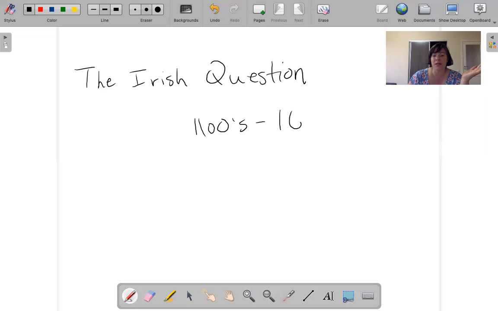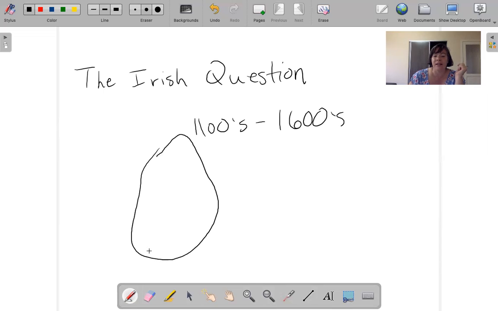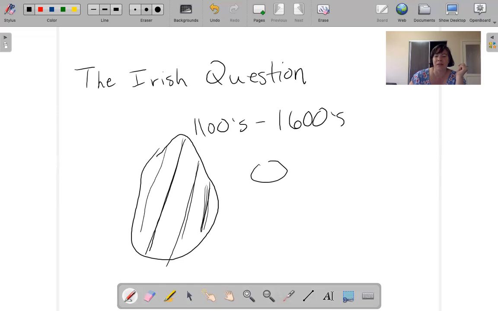From the 1100s to the 1600s, they took more and more and more of Ireland. Like if this is Ireland, in the 1100s, they had this part. England's over here. They took this part, and maybe by the 1200s, they had this part. And by the 1300s, they had this part. And by the 1400s, they had this part. And then they just kind of ruled Ireland.